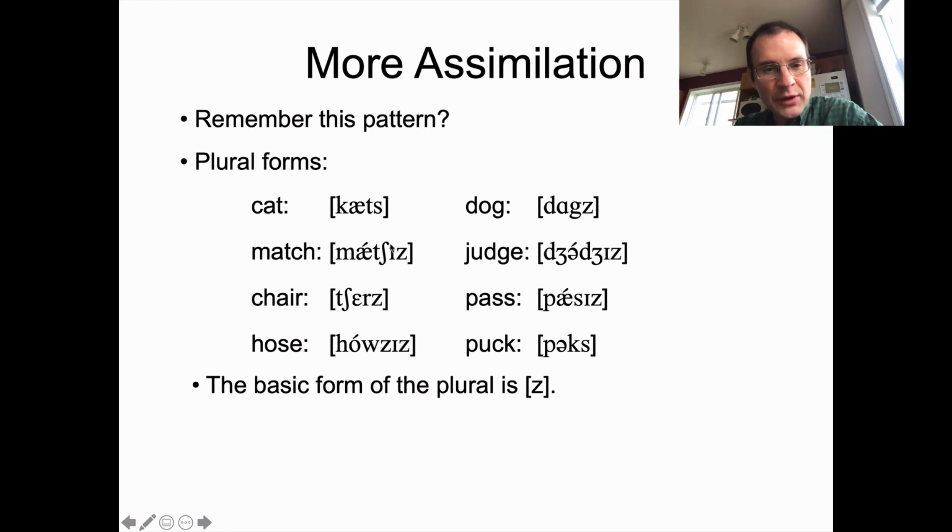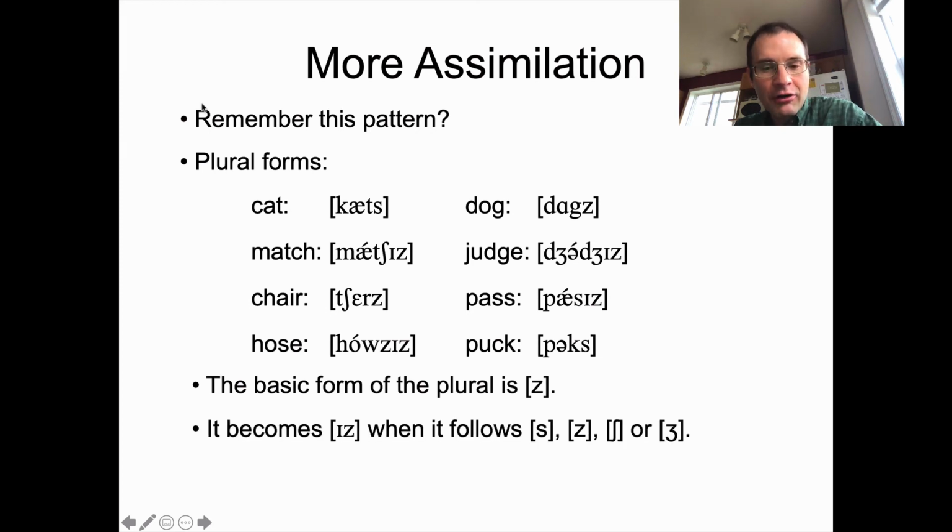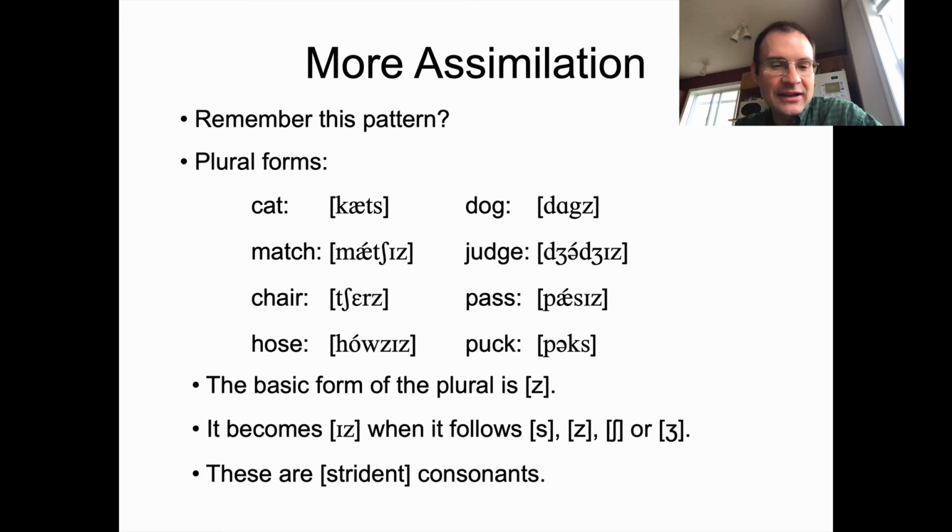The real question is, why do we get this I intervening between them? And one way to think about it is basically this Z sound is similar in a crucial way to the sounds that end these 4 forms: match, judge, pass, and hose. And what happens for all 4 of those words is that they're ending in what's called a strident consonant. So ch, j, s, and z are strident sounds.